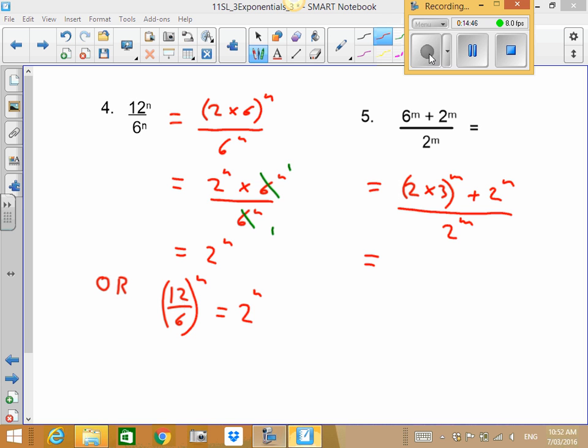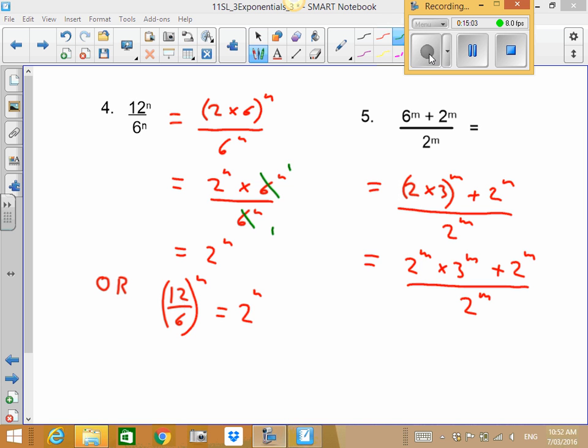This becomes 2 to the power of n times 3 to the power of n plus 2 to the power of n all over 2 to the power of n.